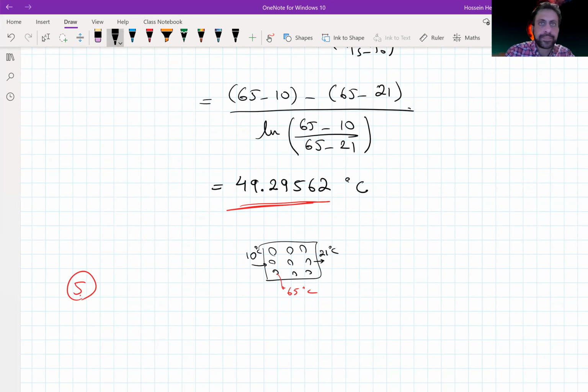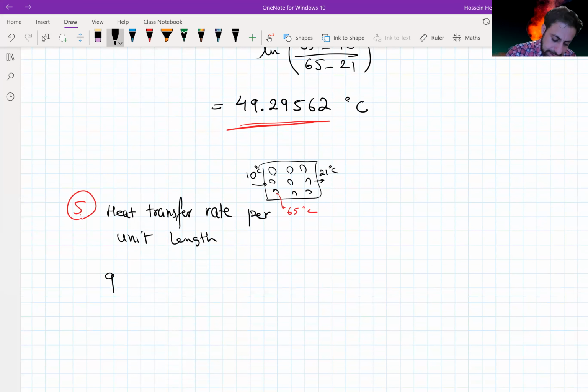So the heat transfer rate per unit length, say this Q prime, is going to be Q over L, and that's going to be h average times surface area, which is pi D times the number of tubes, per unit length times 1, times delta T LM.